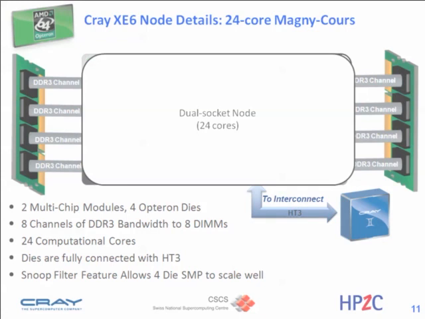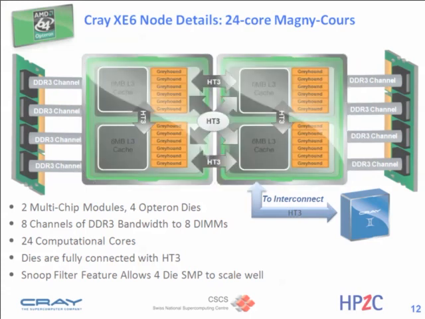You may ignore all these things. The only thing you need to understand is that when you run an application which is using only part of the cores, for example, you can run one MPI task which uses all the 24 cores in the node, and that's okay. But you can do also some more complicated things. You can run 2 MPI tasks per node, each of them using 12 OpenMP threads. Okay?